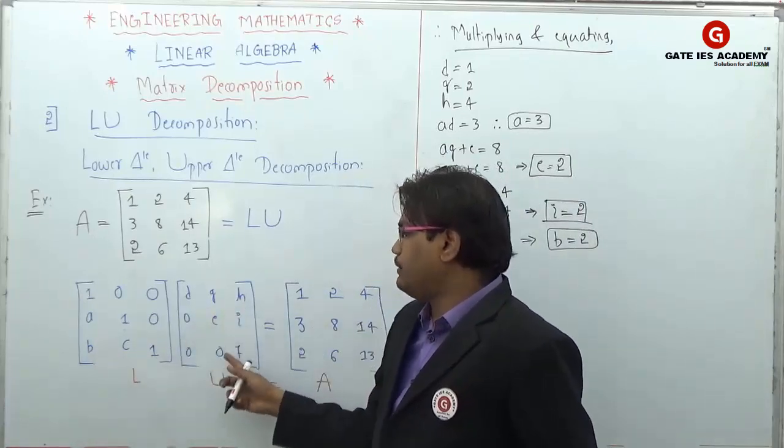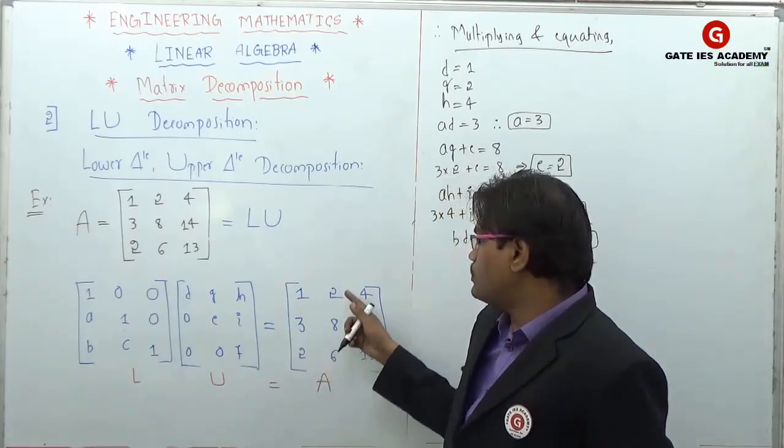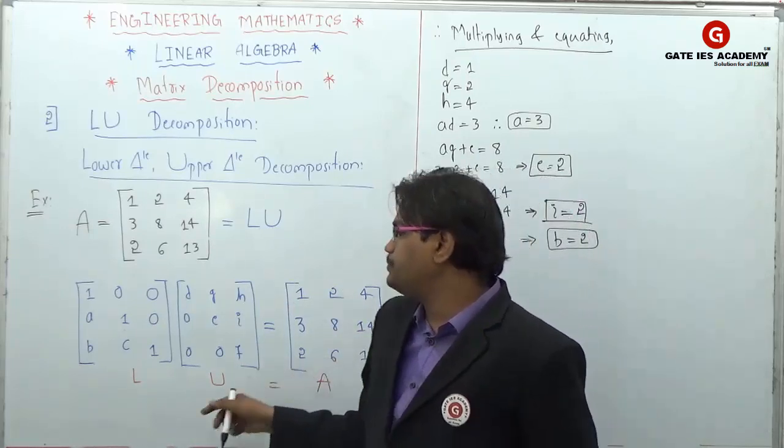Now B, C, 1 multiplied with the second column, third row, second column element.